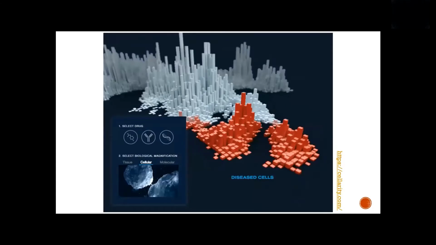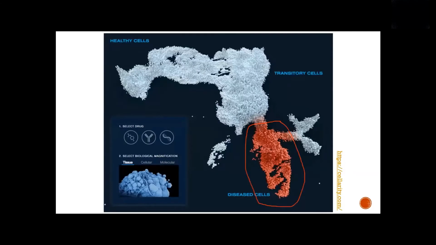Professor, on the previous image, that group to the right, right next to the disease cells, is that just a group of known pathogenic mutations in the cells, or what would that group be that's separated from the healthy and the transitionary cells?